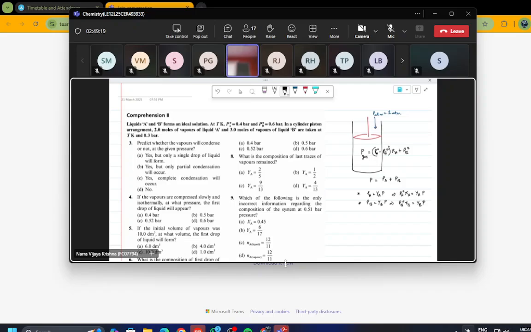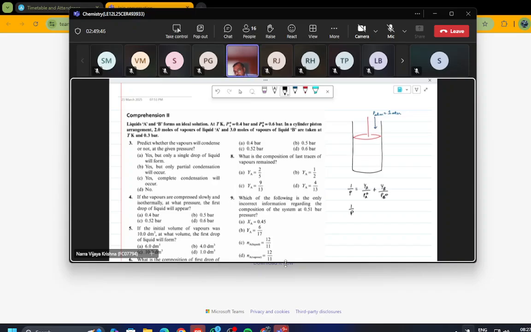When there exists equilibrium between liquid phase and vapor phase, whether I give the equation or not. What I told you? When there exists equilibrium between liquid and vapor, 1 upon P equal to YA upon PA naught plus YB upon PB naught.